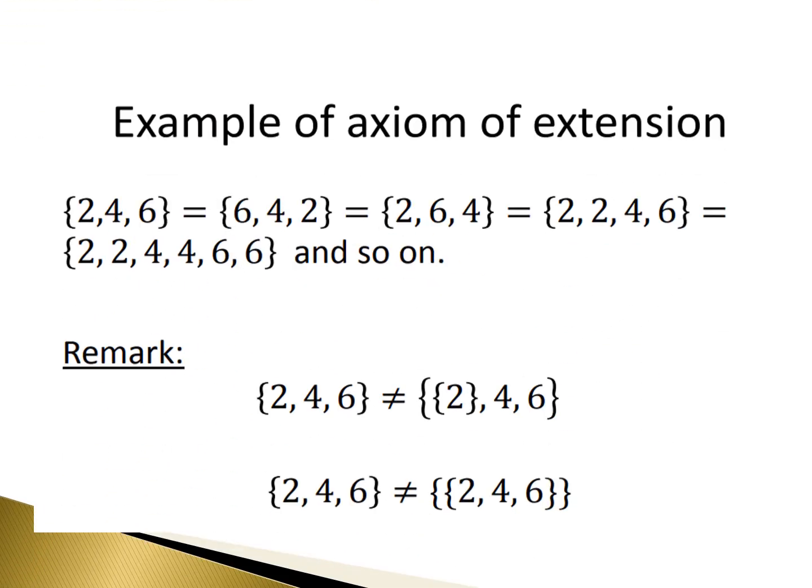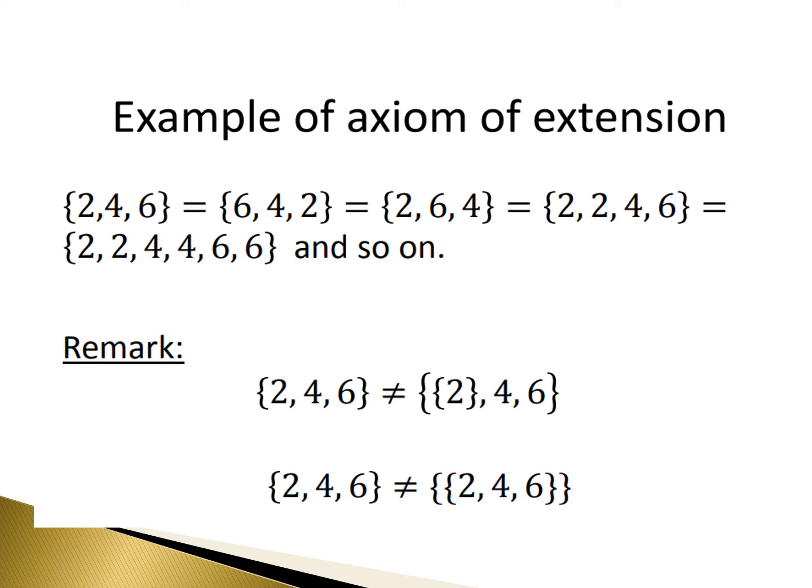For example, if our set of elements is {2, 4, 6}, sometimes it is written as {6, 4, 2}, or {2, 2, 4, 6}, or {2, 2, 2, 4, 6}, or we can say {2, 2, 2, 2, 4, 4, 6, 6, 6}, and so on and so forth.